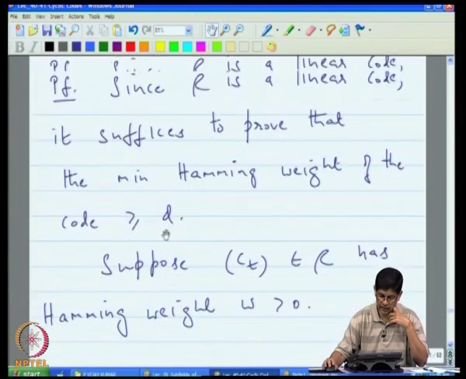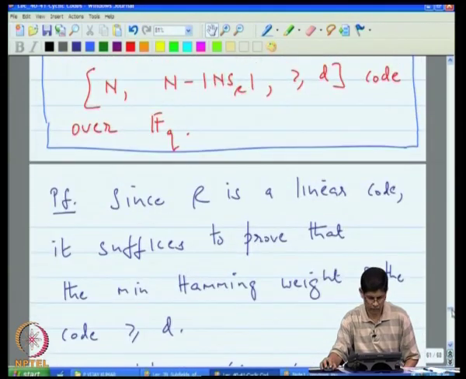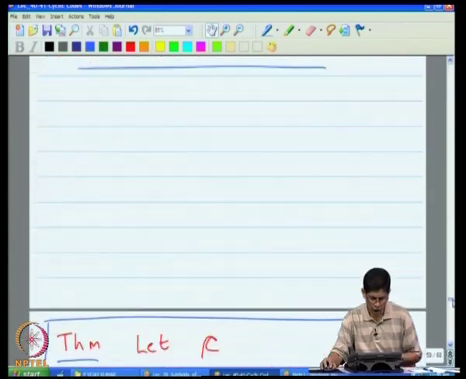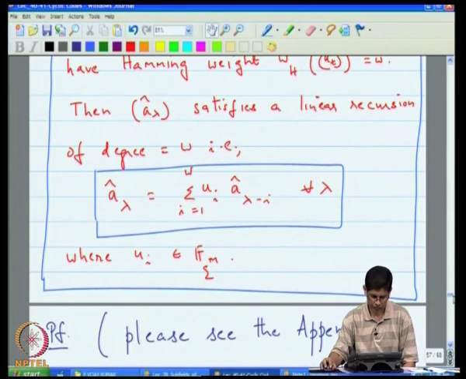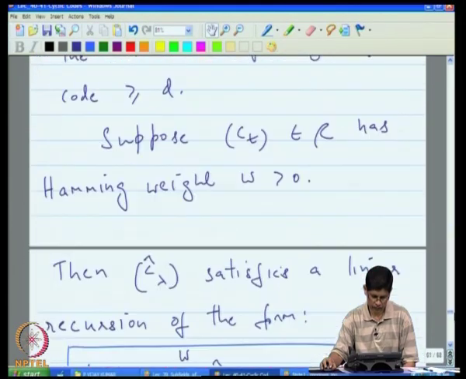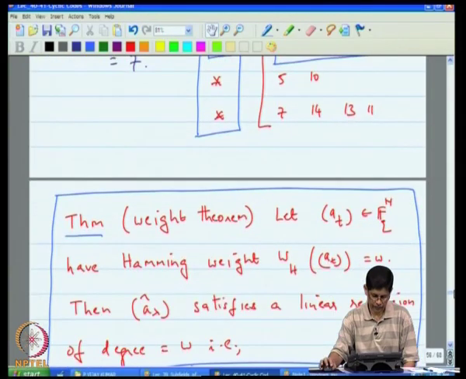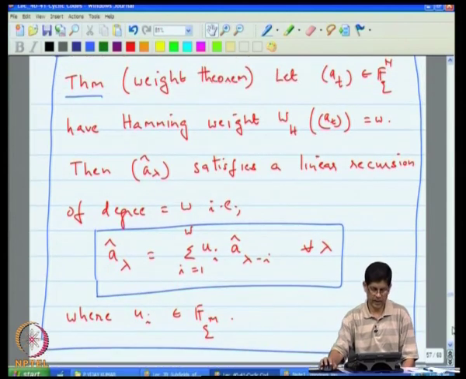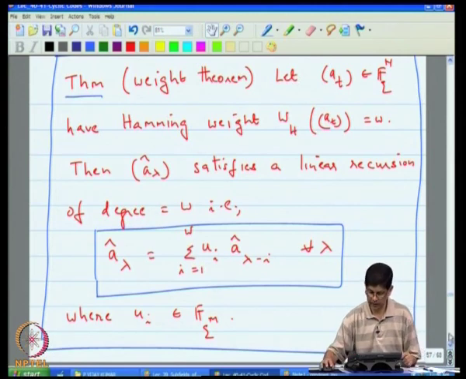Then our earlier lemma says that if a vector has Hamming weight w, then its transform satisfies the linear recursion of degree w.